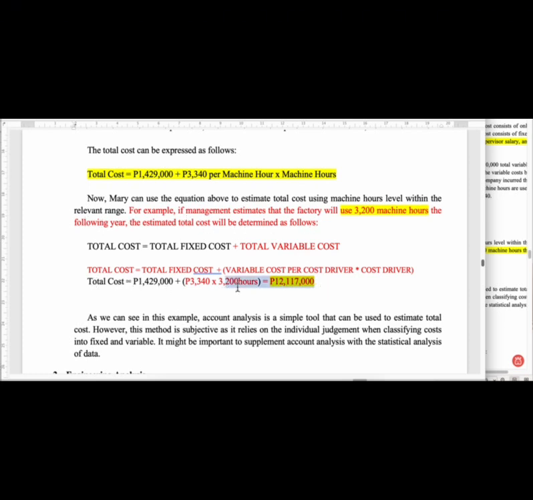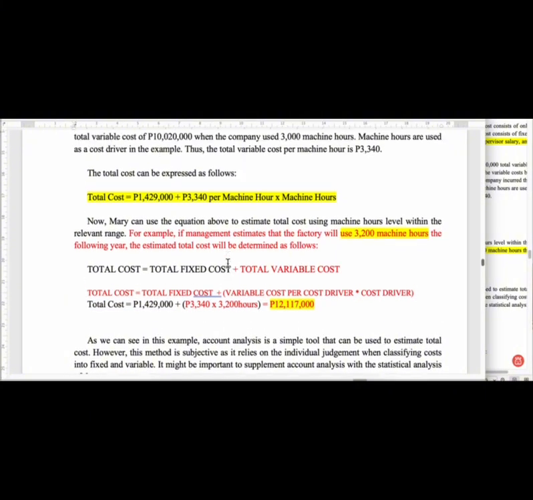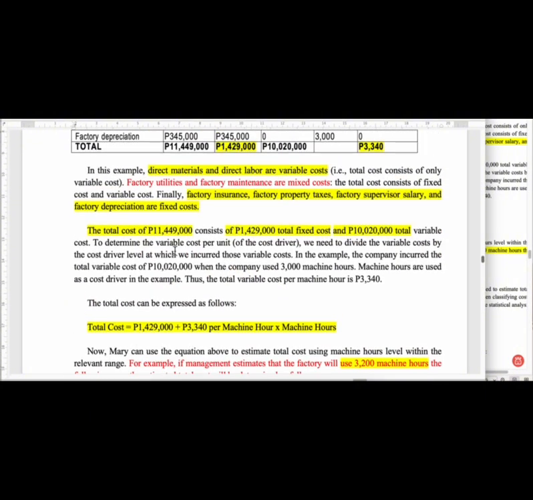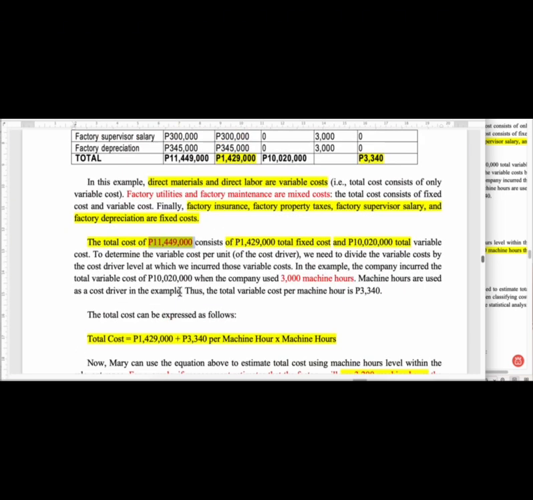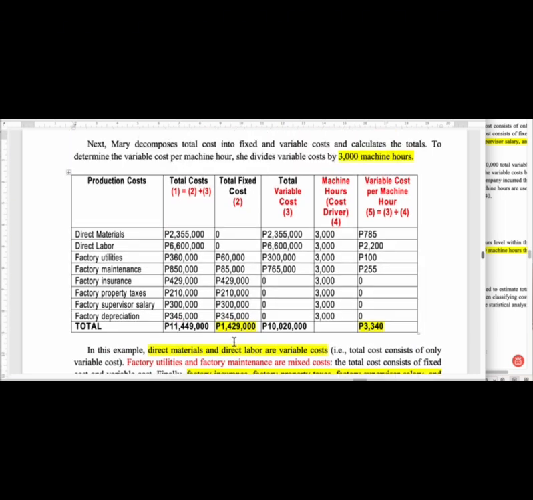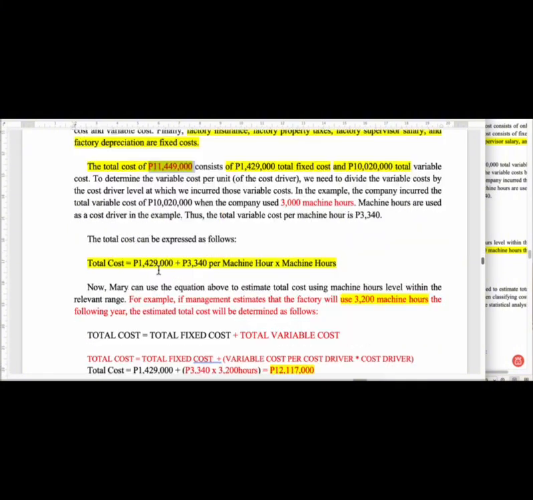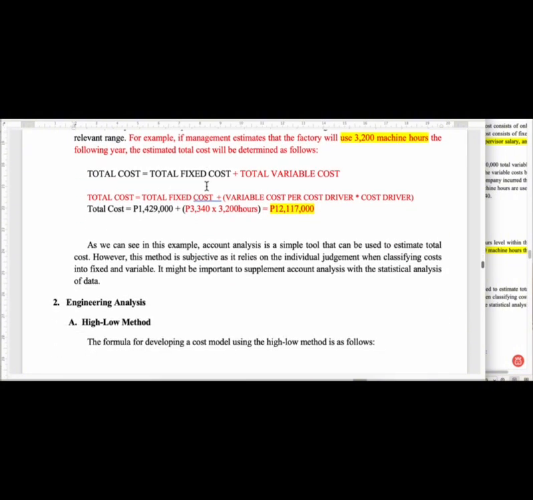But if the problem would just ask how much the total cost is given 3,000 machine hours, the total cost would be 11,449,000. It is a bit long, but just try to solve it on your own to become familiar with the steps.